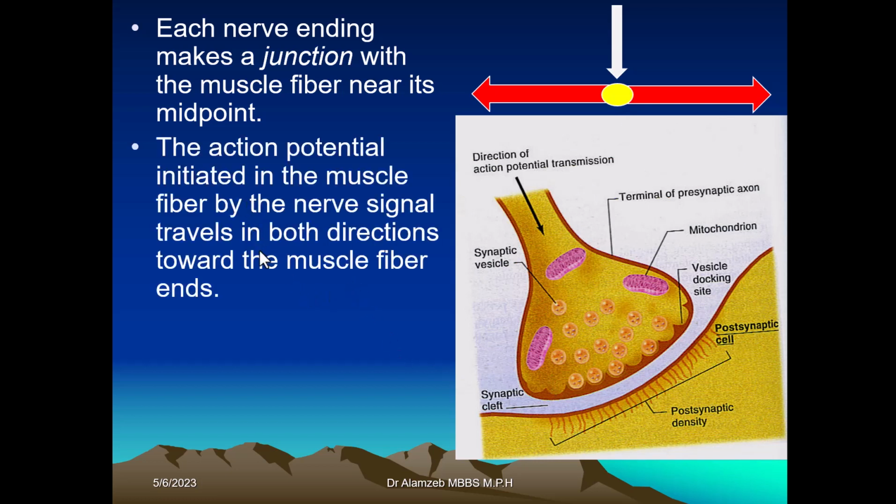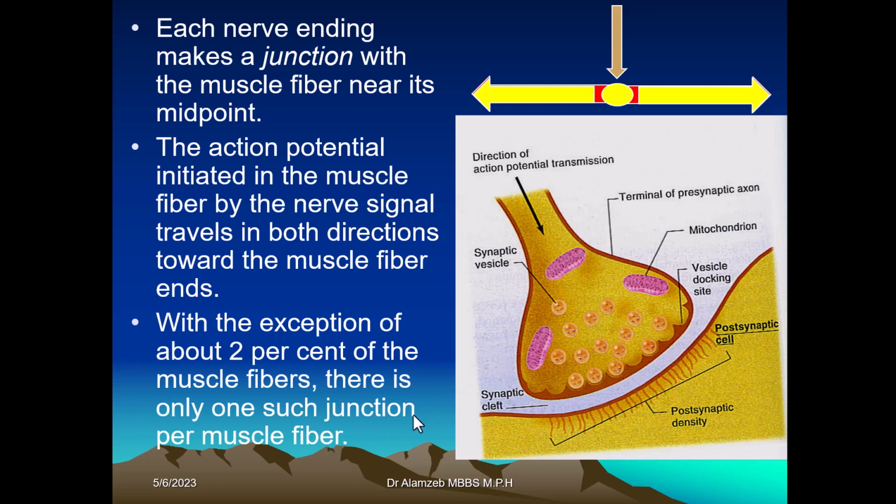The action potential initiated in the muscle fiber by the nerve signal travels in both directions towards the muscle fiber ends. When the action potential arrives at the junction via the presynaptic neuron, at the midpoint of the muscle, it spreads in both directions, from the midpoint to the left and to the right.